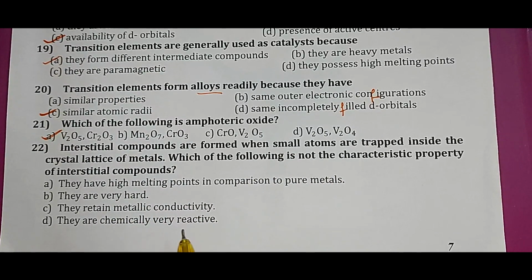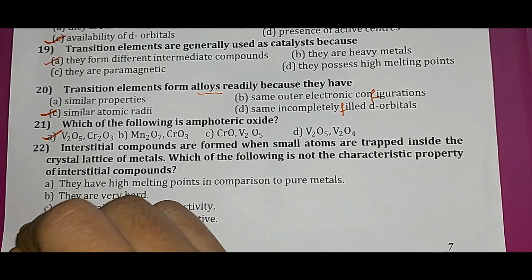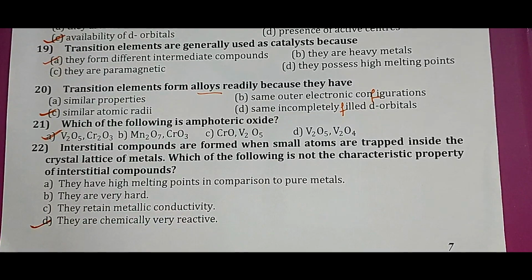They are chemically reactive. The first three are the properties shown. The fourth property, that is, they are chemically very reactive, is the incorrect property of interstitial compounds. Hence the correct answer is option D. The correct property would be they are chemically inert. Instead of inert, they have given very reactive. That is why the correct answer is they are chemically very reactive.